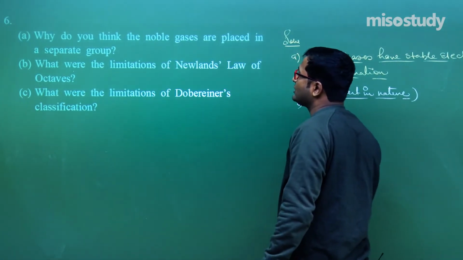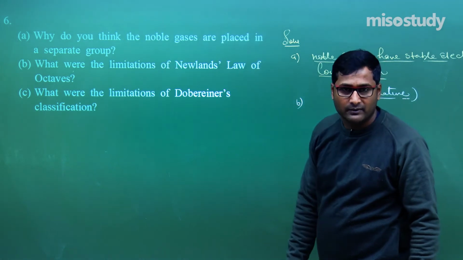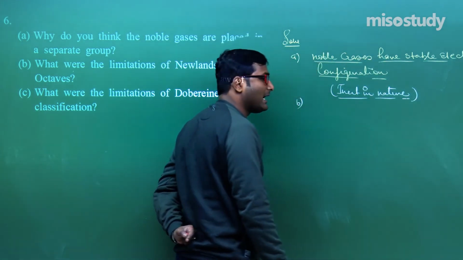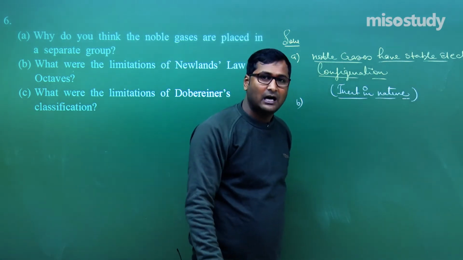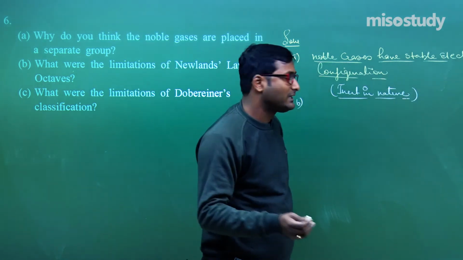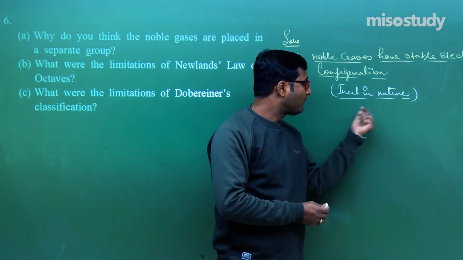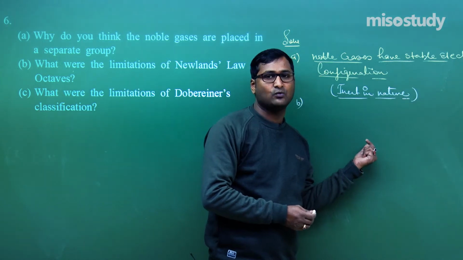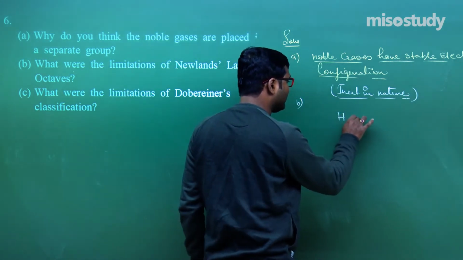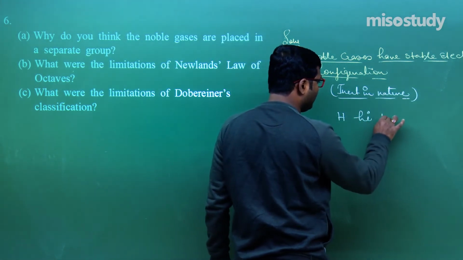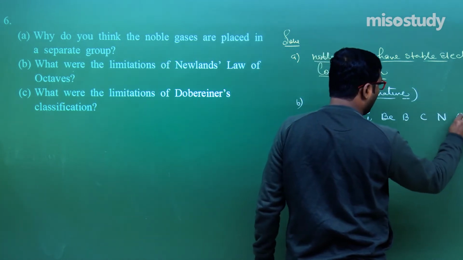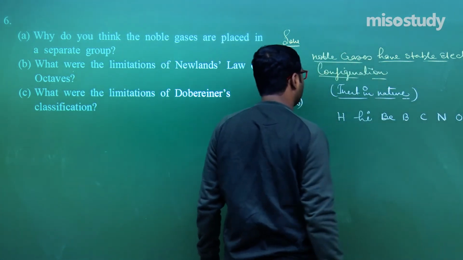Question number B. What were the limitations of Newton's law of octaves? As we know, Newton arranged the elements by observing musical notes, that is, the first and eighth element will have similar properties. He arranged the elements like a musical note: helium, lithium, beryllium, boron, carbon, nitrogen, oxygen, fluorine. At that time inert gases were not discovered.